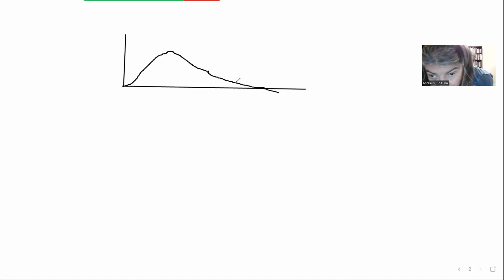And it's got 2 tails. So we've got something like this maybe. And we've got something over here, okay? Now, we have alpha is 0.05.